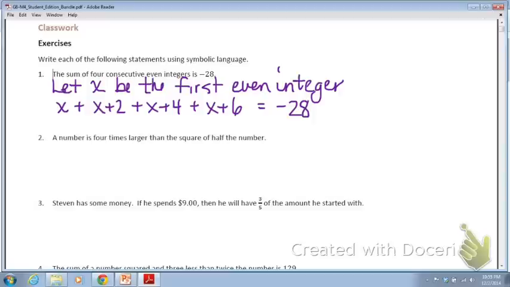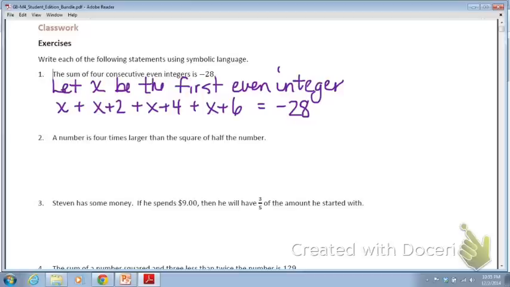Okay, so let's go over number 1 together. It says the sum of 4 consecutive even integers is negative 28. So again, following the model in those examples, let's let x be the first even integer in our series. And to get from one even integer to the next, we'll be adding 2.